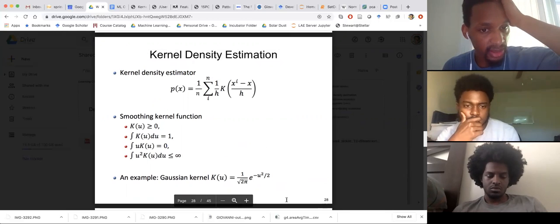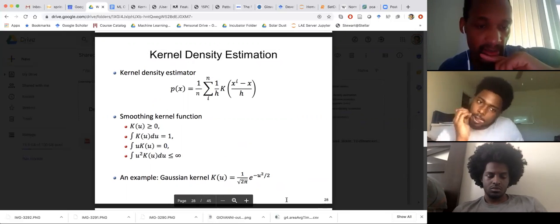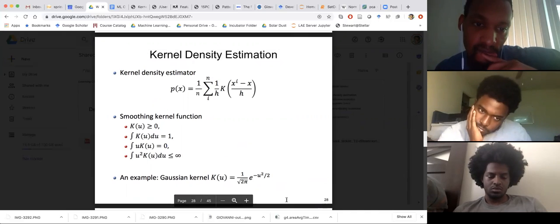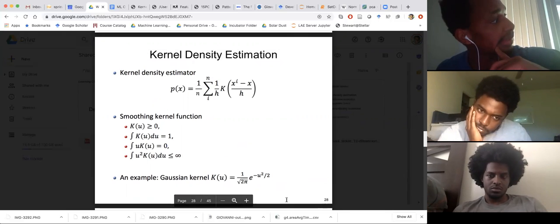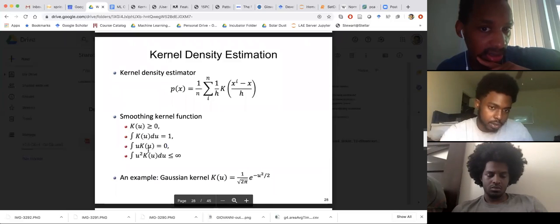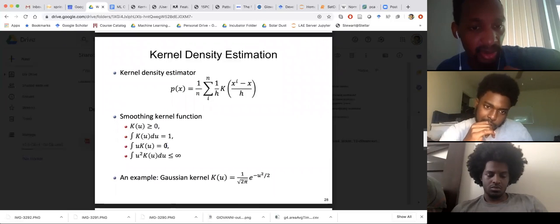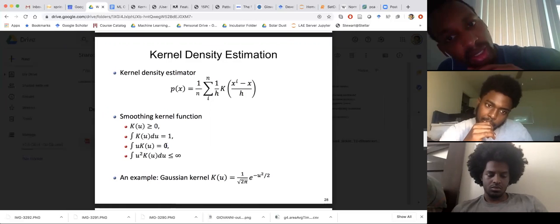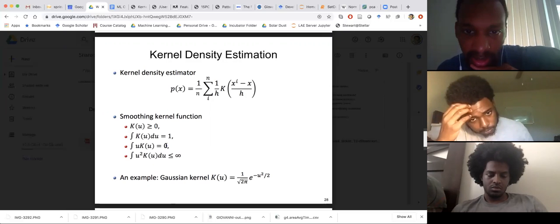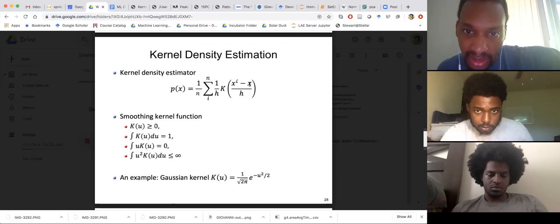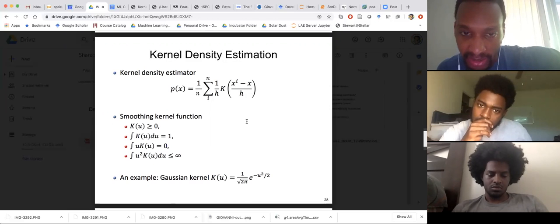Well, it seems like just the input of K. So it's saying that whatever the input is times the kernel, when you sum them all up together, should equal 0. Okay. And then this is xi minus x. So xi is all the points, you sum through all the points, and x is just the data point that you're looking at. Okay.